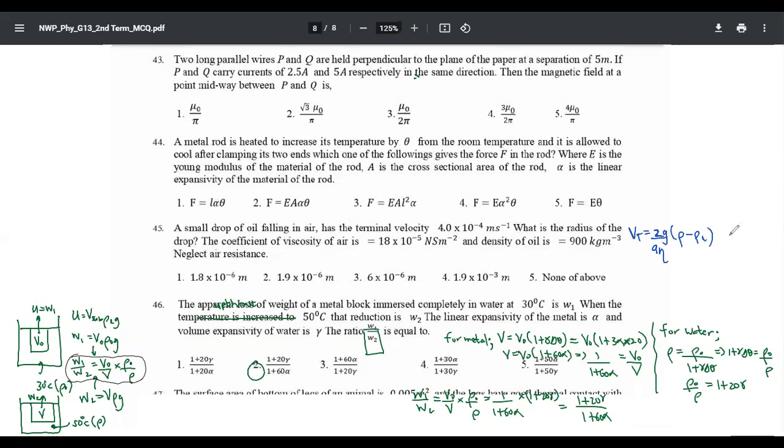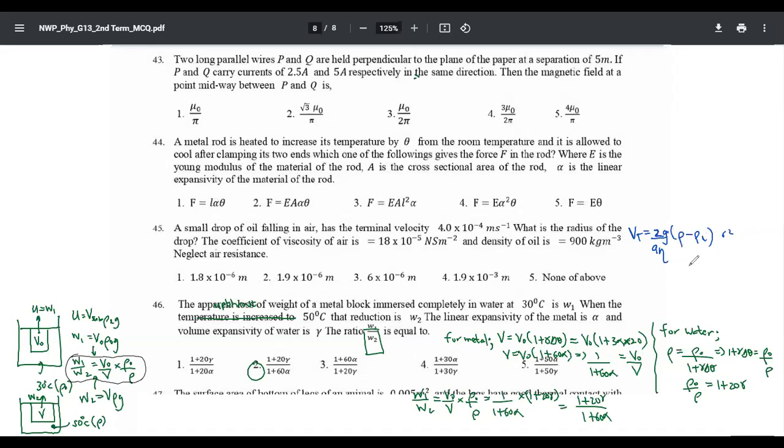I can quickly derive it. 2g r squared over 9 eta. So the final equation for terminal velocity is 2 r squared g (rho minus rho naught) over 9 eta. Okay, right. So only r squared was missing. Yeah, this is the equation.